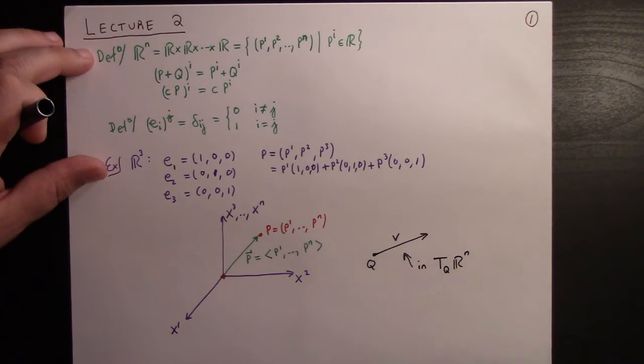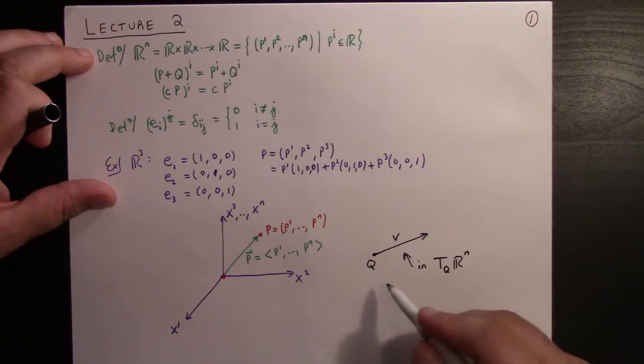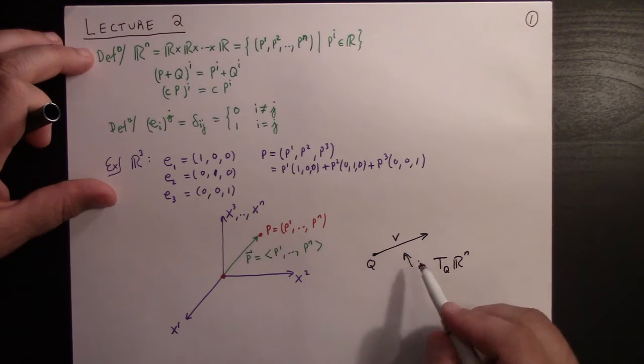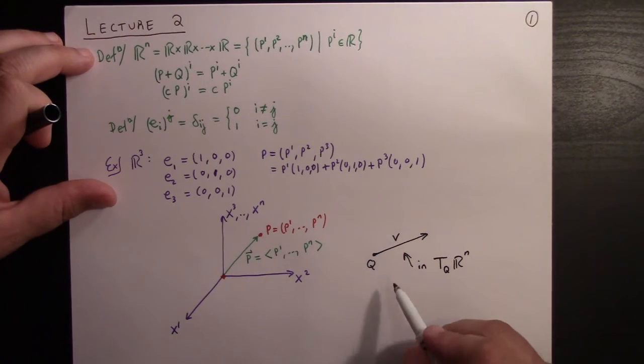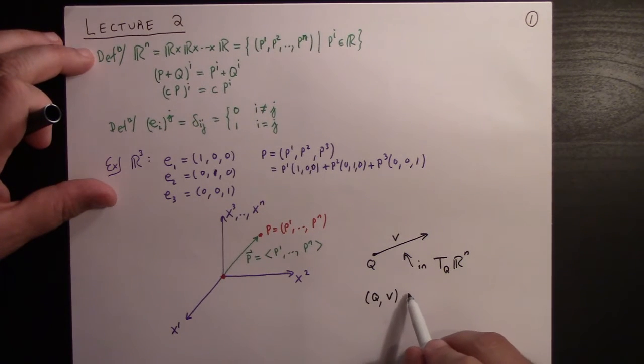That this vector is in T_q of R^n. To be more specific, I need some kind of notation, right? So if I want to talk about that, I could say that vector v, I could just write the point q specifically, and then I can put the vector v second, and I could say, well, that's an element of T_q R^n.